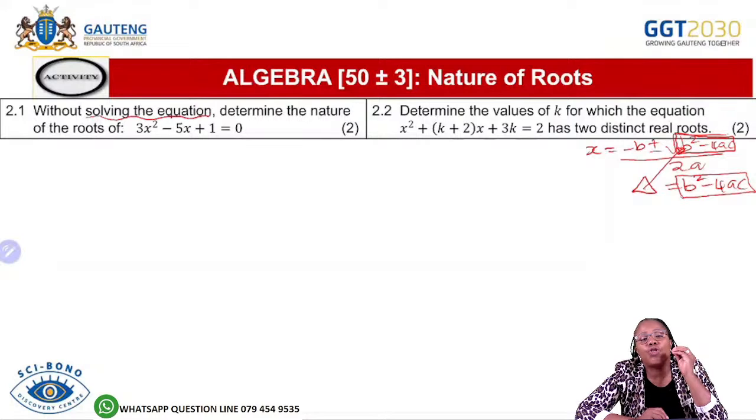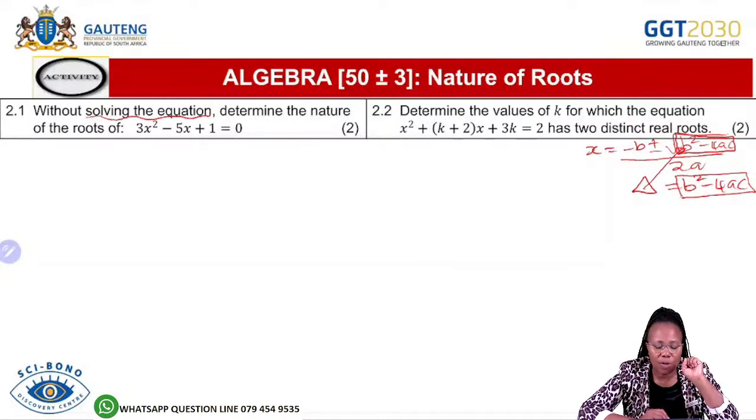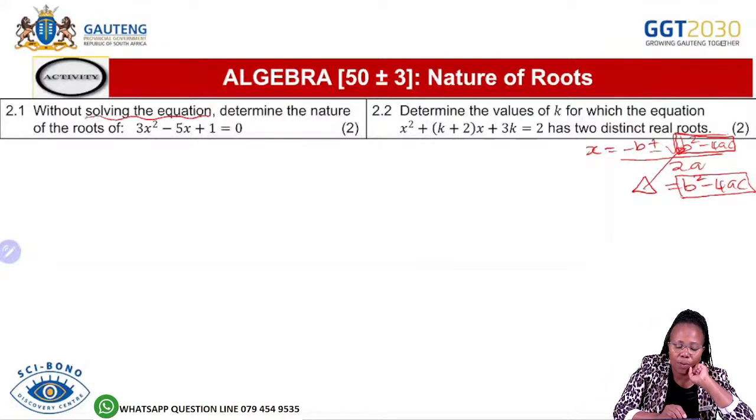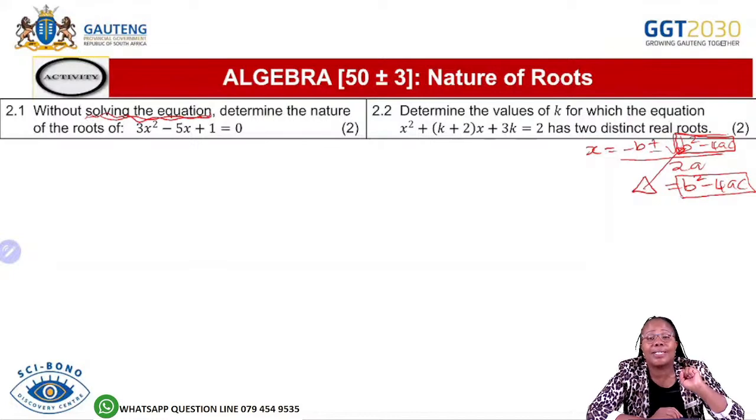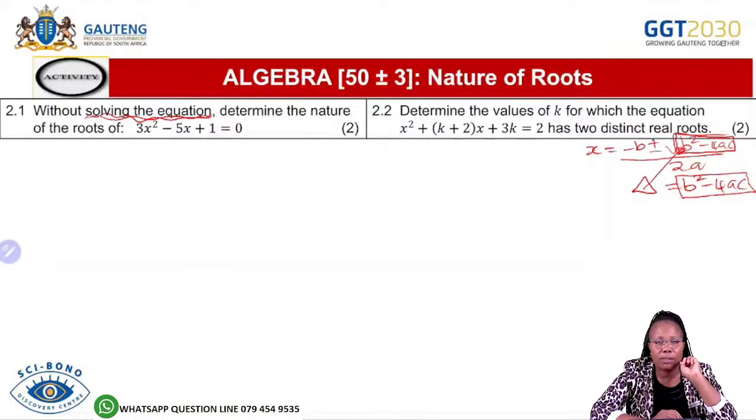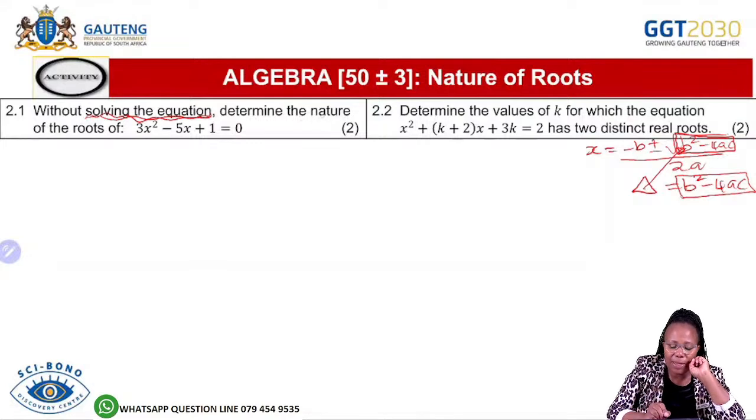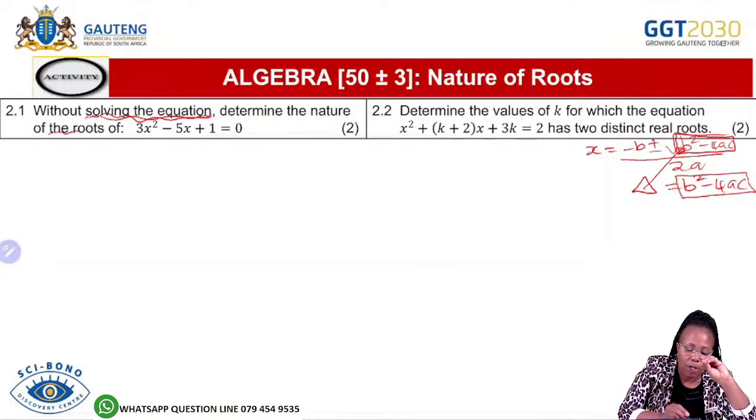They mean do not solve for x, like taking this quadratic and factorizing. No, that is not what we are looking for. So that is why we have this restriction that says without solving the equation, solving for x. Okay, but when we determine the nature of roots, we use the discriminant. So we are going to start with the discriminant now.